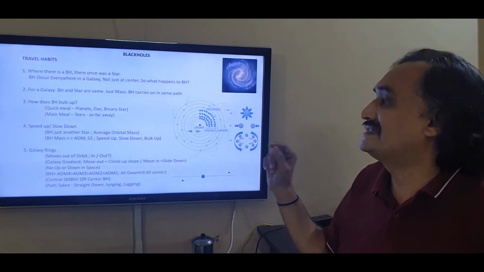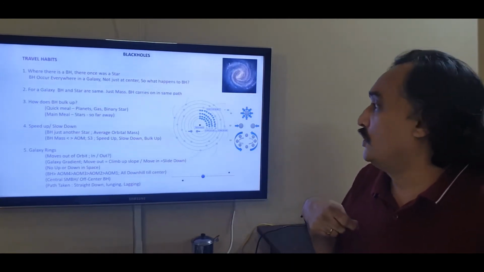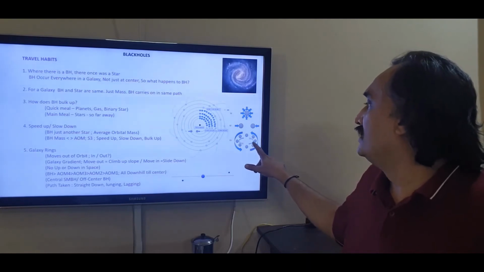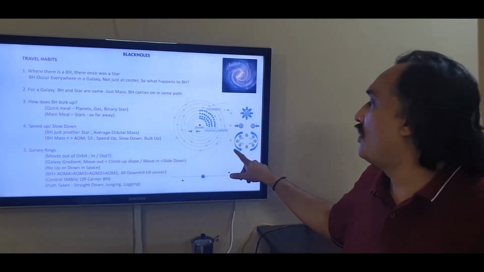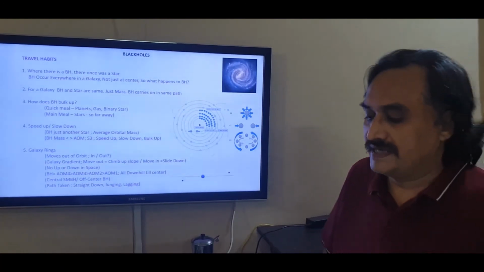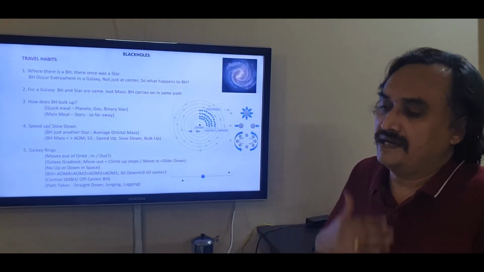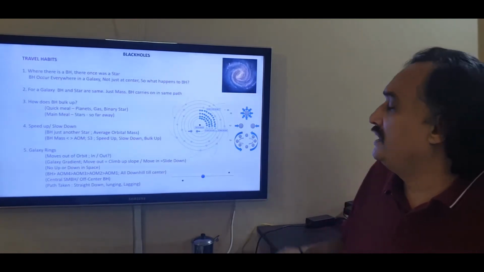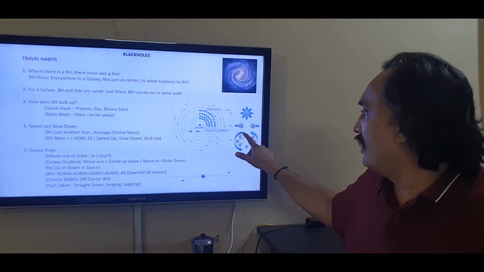Now, this is giving the black hole a chance to either speed up or slow down. So that is how it either consumes the star in front or consumes the one which is lagging it. But imagine, take it a little further, let this run around for 1,000,000 years. The black hole which is eating these two up would eat all of them.